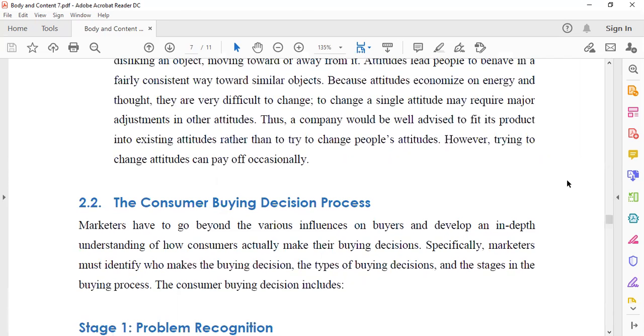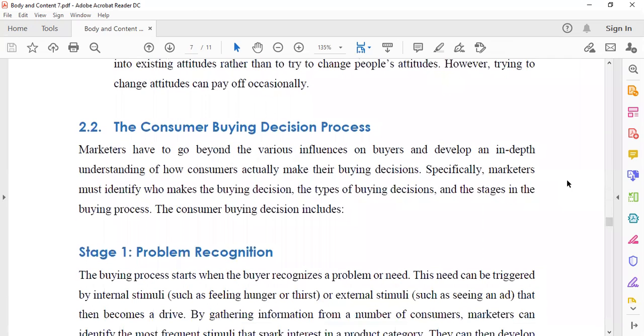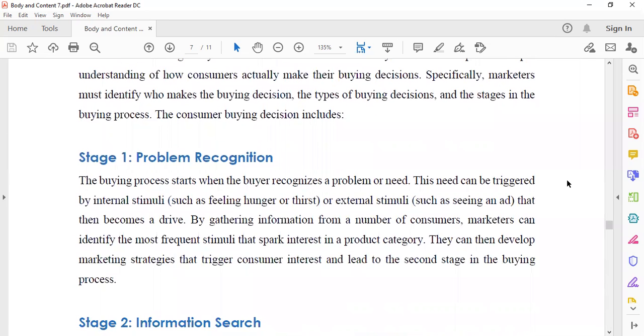Now let's take a look at the consumer buying decision process. In most cases, the consumer goes through a series of steps in the course of making a buying decision. This step begins with a problem recognition. When we talk about problem recognition, we're looking at the need identification.